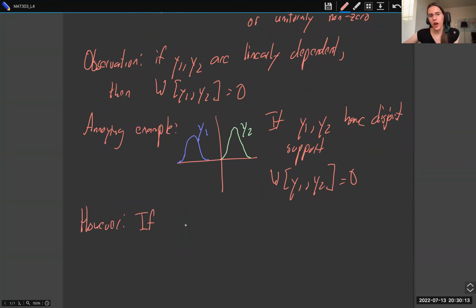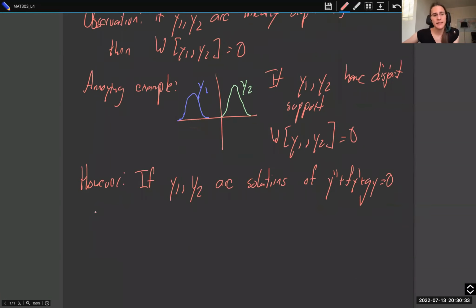However, if y1 and y2 are solutions of a specific differential equation, then the Wronskian being 0 implies that y1 and y2 are linearly dependent.